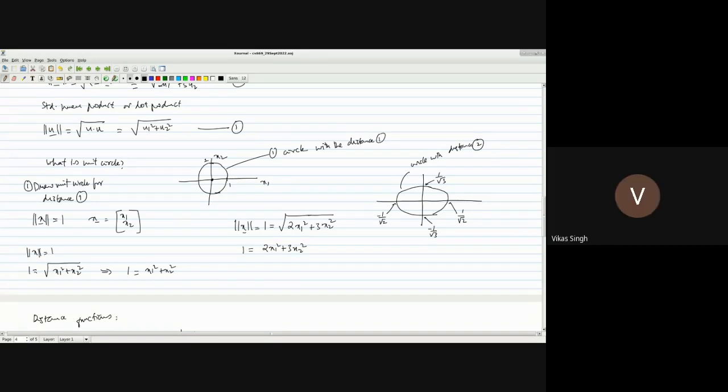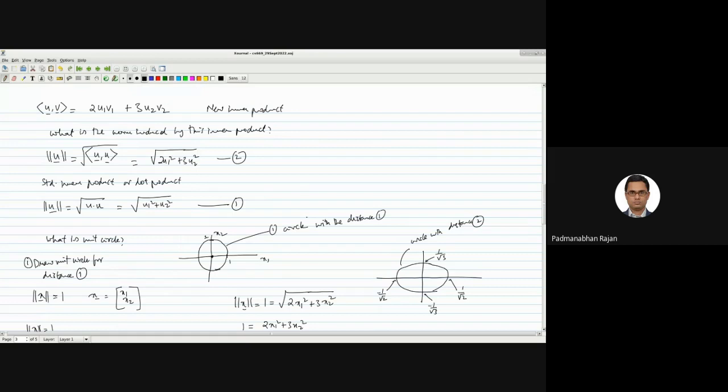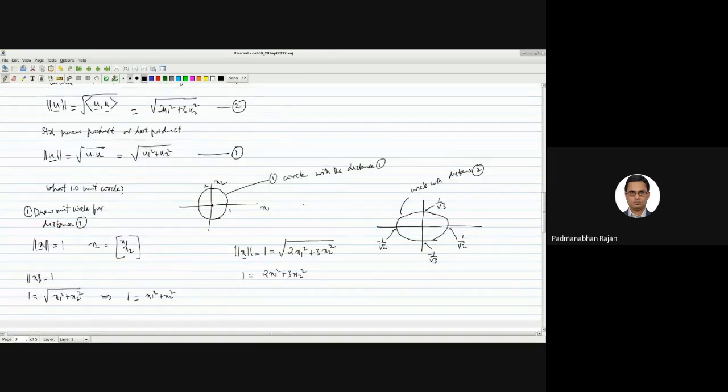Sir, I am not able to understand. What is the definition of a circle? Circle means a set of points which is equidistant from the origin. But I have not said which distance I'm using. I can use different distances. If I use the L2 distance, my circle will be this standard circle which you are all familiar with.